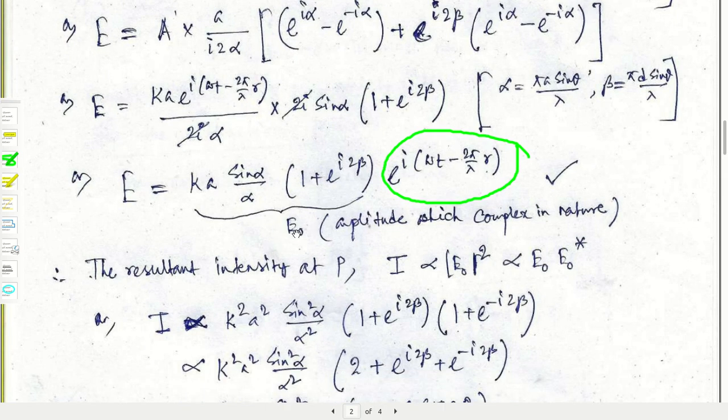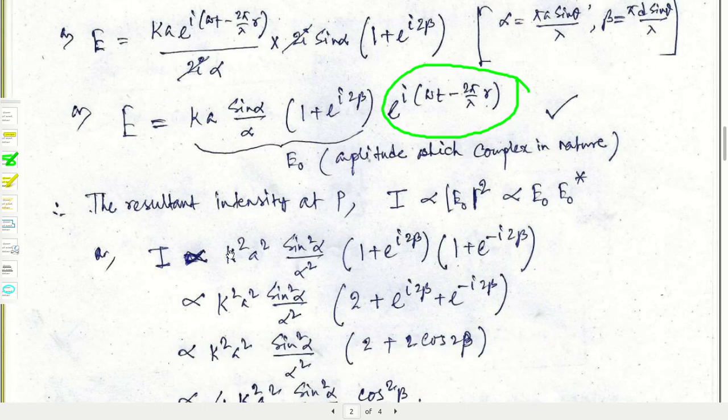So the amplitude square, or the modulus of the amplitude square, gives the intensity, which is proportional to mod of E0 square. So E0 into E0 star will be done to evaluate I. You can easily take the complex conjugate and multiply them.